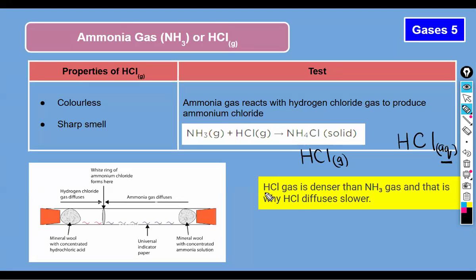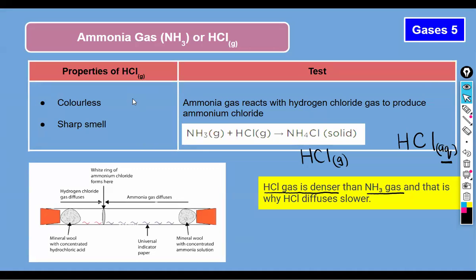Now, hydrogen chloride gas is denser than ammonia gas. So one is denser and one is not as dense. Which one do you think will move faster, HCl or ammonia? The dense one that is heavy, because if something is dense, I mean it's heavy, right?